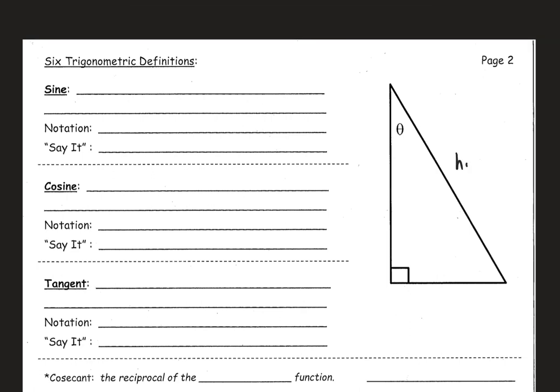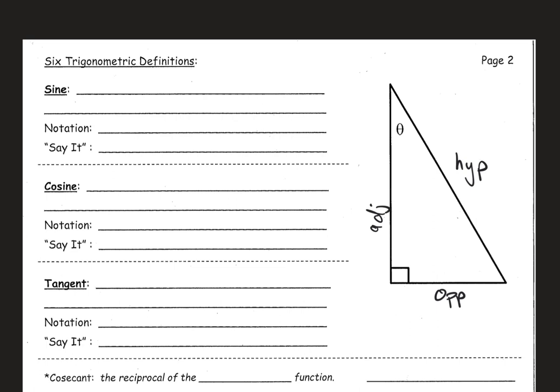I'm going to say the hypotenuse over here. This is the side opposite of theta, and this is the side adjacent to theta. Okay, so there's my triangle, and I'll be using theta in all these definitions.